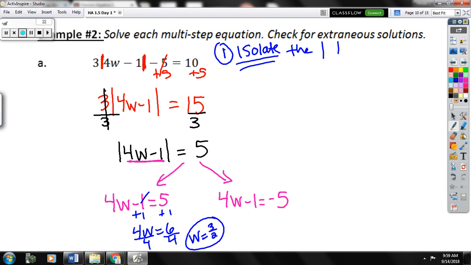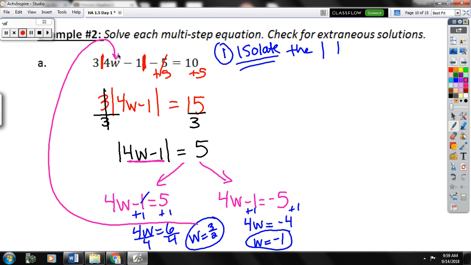Okay, on the other side, we'll add 1 to both sides. 4w equals negative 4. W equals negative 1.